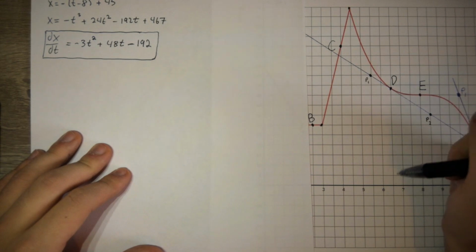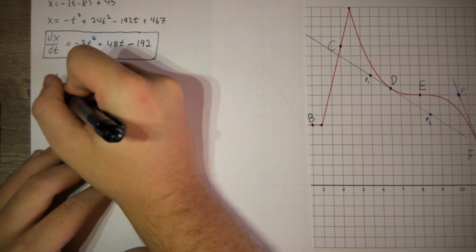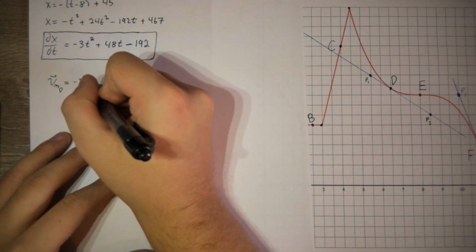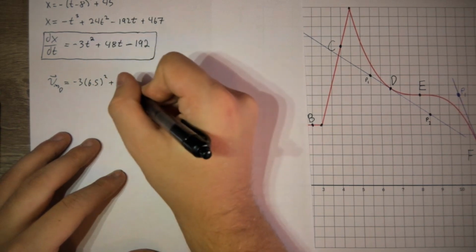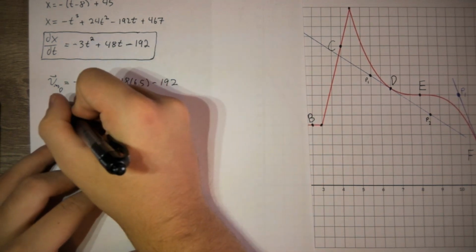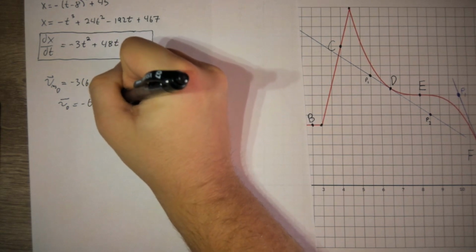Okay, so let's plug in for D. t is equal to 6.5. So our instantaneous velocity at point D is equal to negative 3 times 6.5 squared plus 48 times 6.5 minus 192. And so our velocity at D, if I grab my calculator, 6.5 squared times negative 3 plus 48 times 6.5 minus 192, what we get is negative 6.75 meters per second.